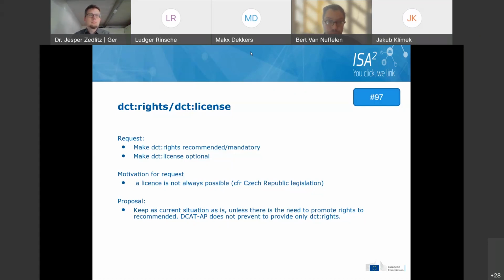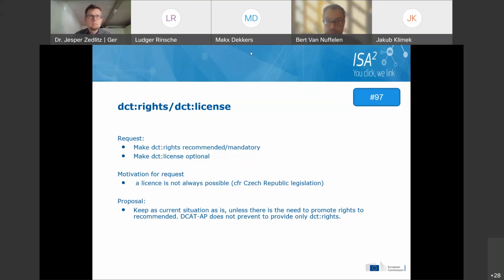What is being said at W3C is that it is a possibility, but currently there doesn't seem to be a lot of application of that complex way of describing licenses. And also in DCAT-AP, I think we need to take into account that if you describe very complex licensing scenarios, which I understand you have to do, the question is, if you share that information with other countries, whether people would actually understand what you're trying to tell them.